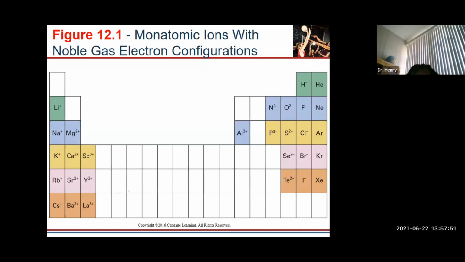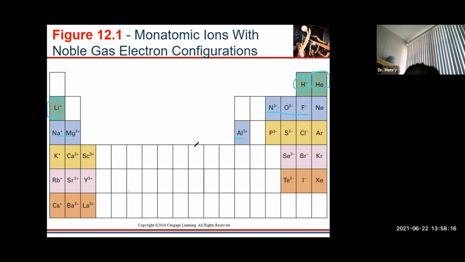This basically shows you things that are isoelectronic to each other. For instance, lithium plus is isoelectronic to helium. Hydrogen minus, H minus, is also isoelectronic to helium. All of these guys are isoelectronic to neon.